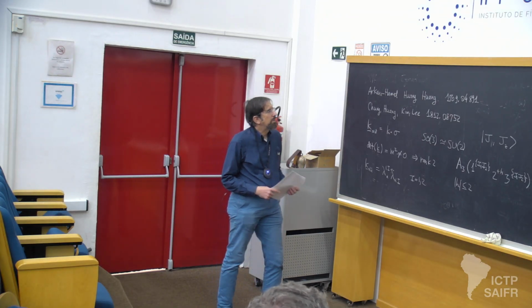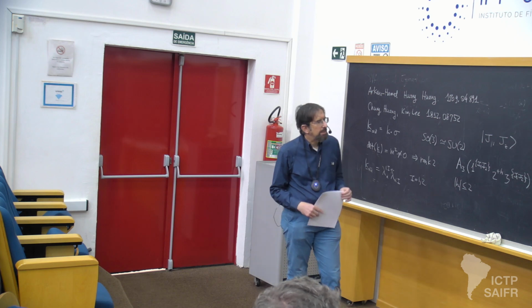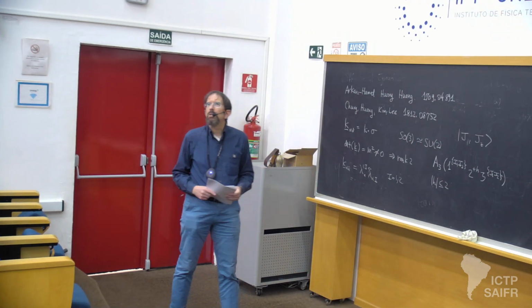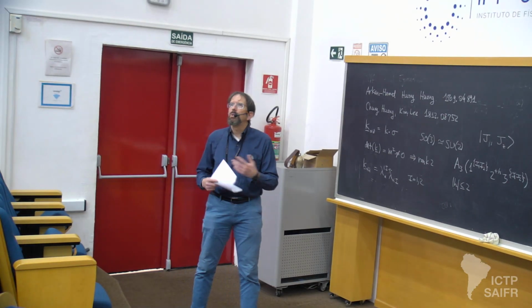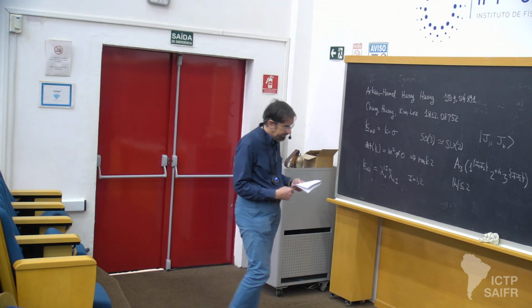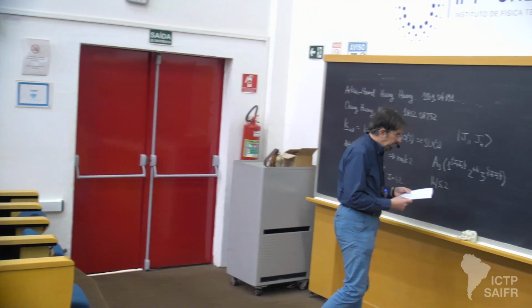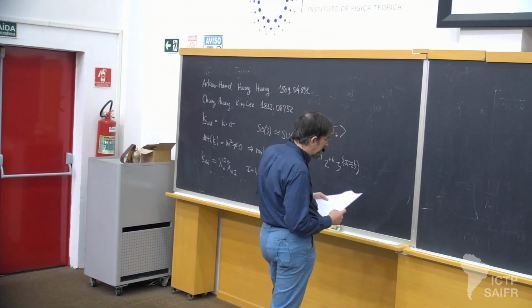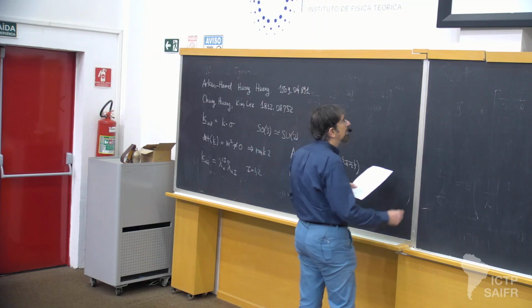And I won't go through that demonstration, but you can show that by trying to construct a 4-point amplitude and showing that it's just not going to have a consistent factorization. So there are a few other things that are different in the massive and massless case.